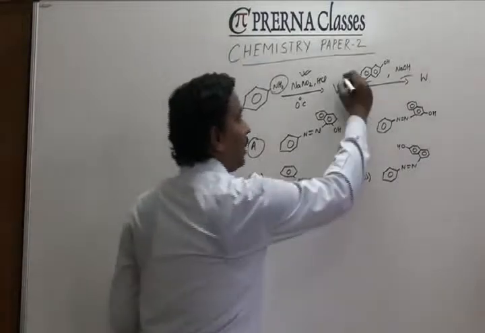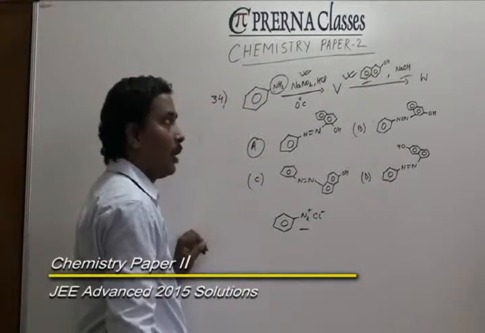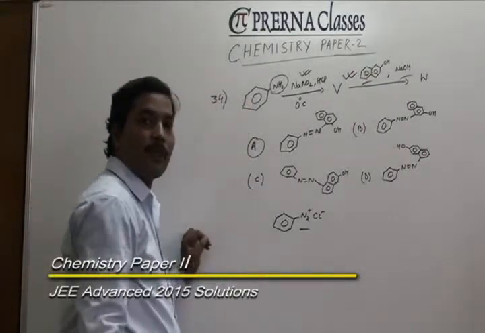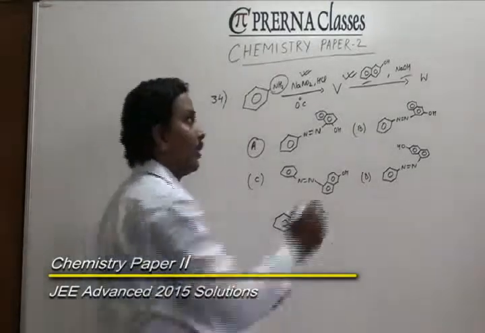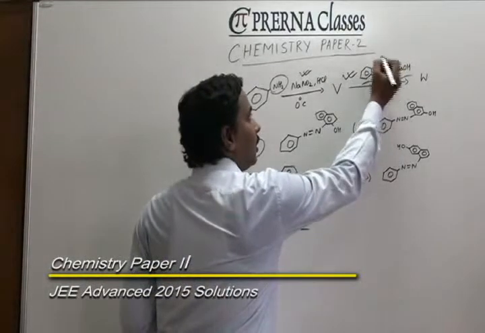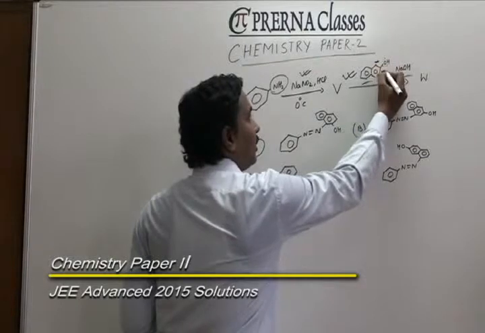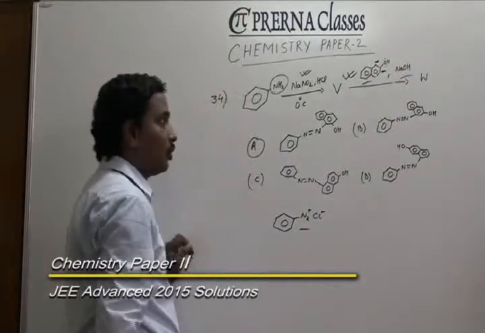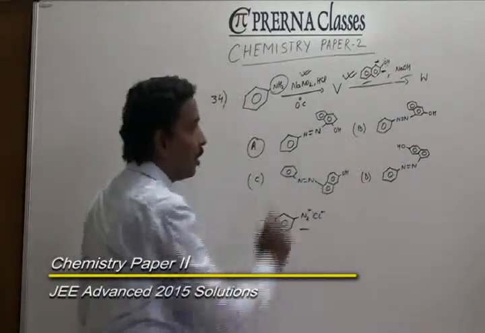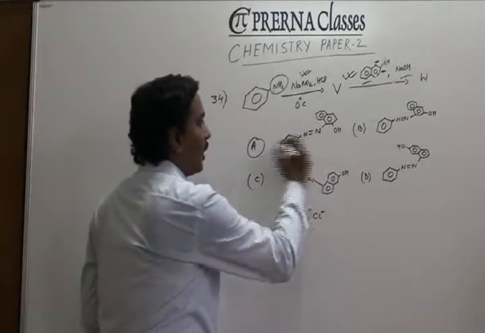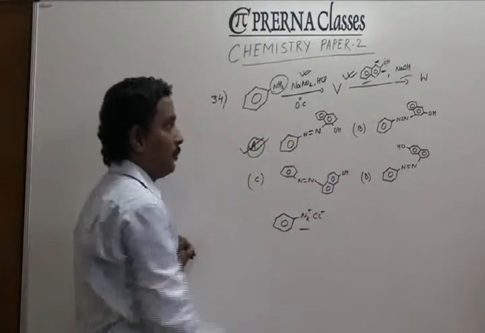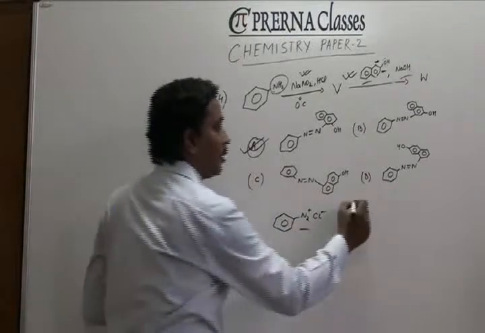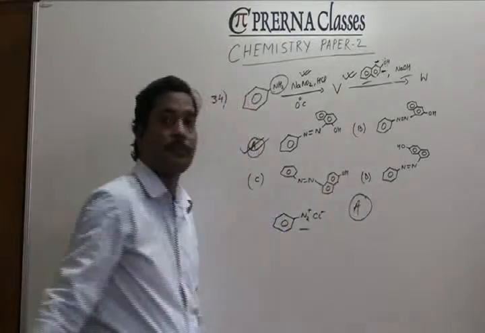Now when it reacts with this compound, it reacts at that position where electron density is high. If you consider oxygen, its electron density is high in these two cases. So if you consider all the four options, option A is the correct answer. So the answer is option A.